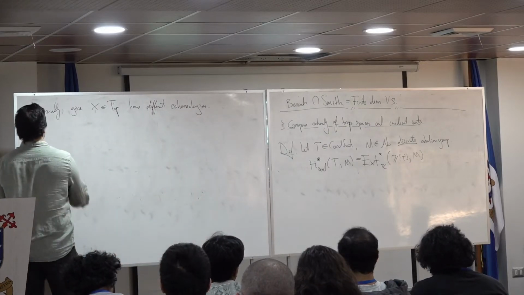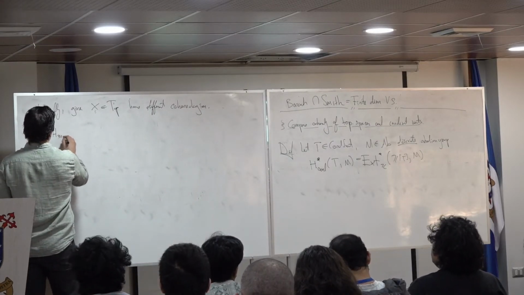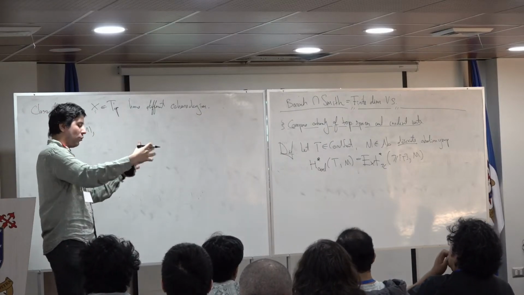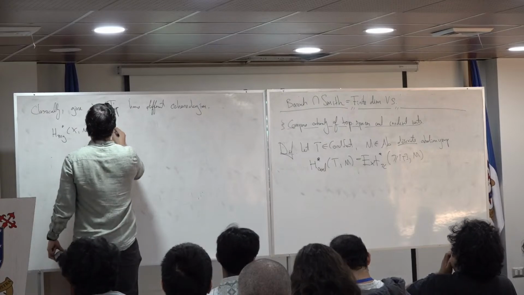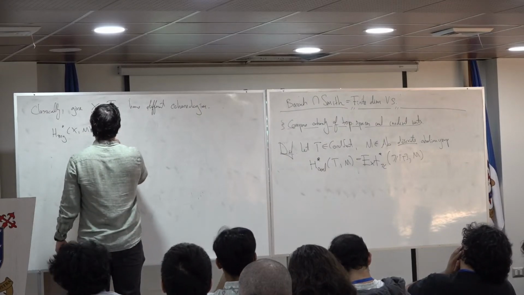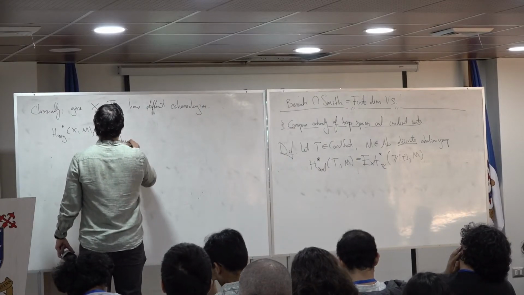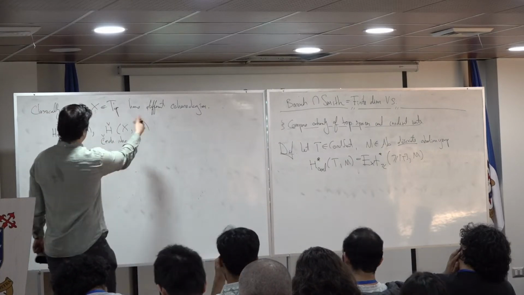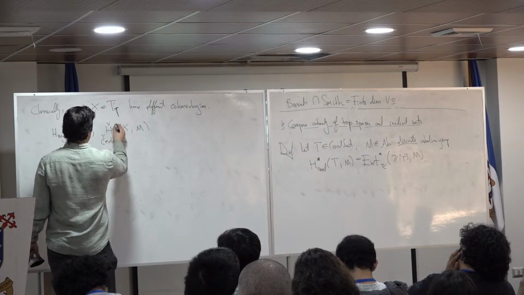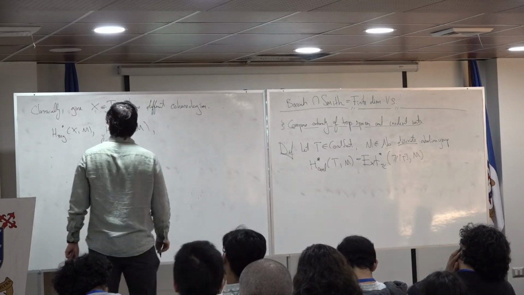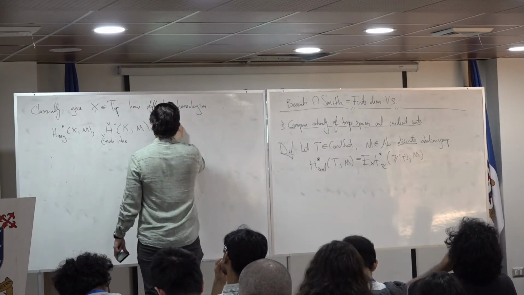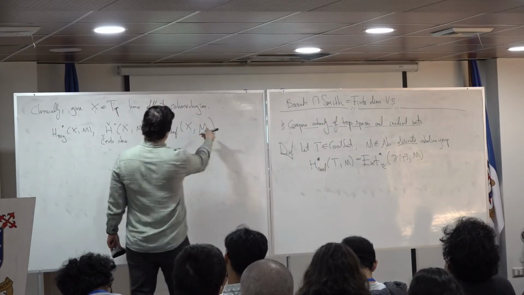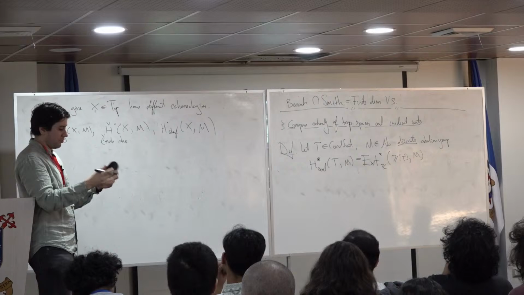So you have, for example, singular cohomology, which uses singular cochains. Whenever you have covers by open subspaces, you have Čech cohomology of X with M, a limit taking all possible Čech covers of these things. And another one is the sheaf cohomology, where you consider M as a constant sheaf on the topological space, and then you take the sheaf cohomology.